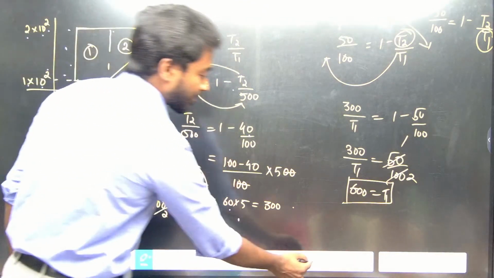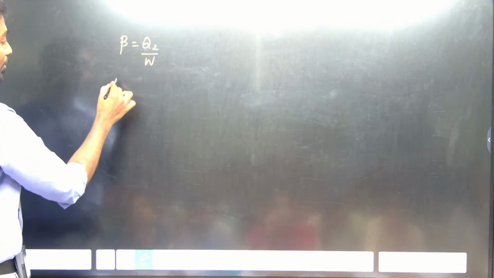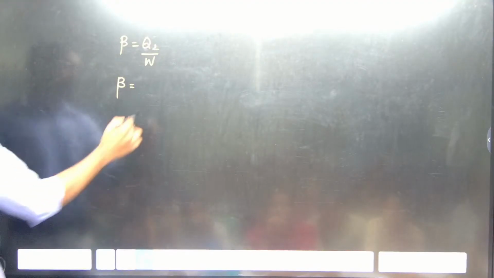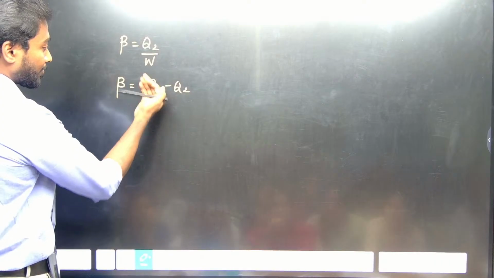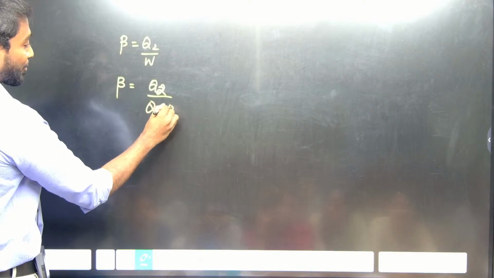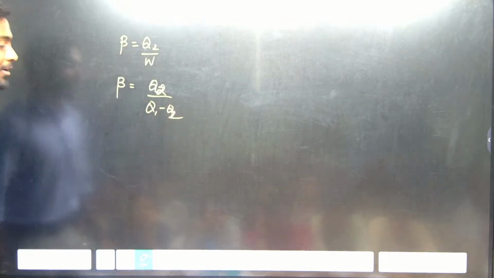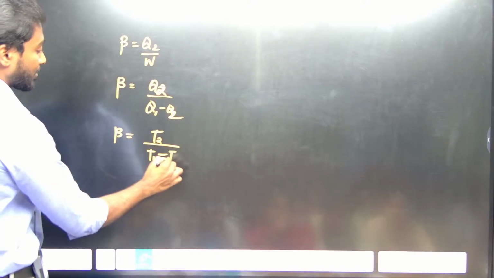Tell what the formulas are once. Beta = Q2 by W, one more formula, Q2 by Q1 - Q2. What is the next formula? Beta = T2 by T1 - T2, that's it.